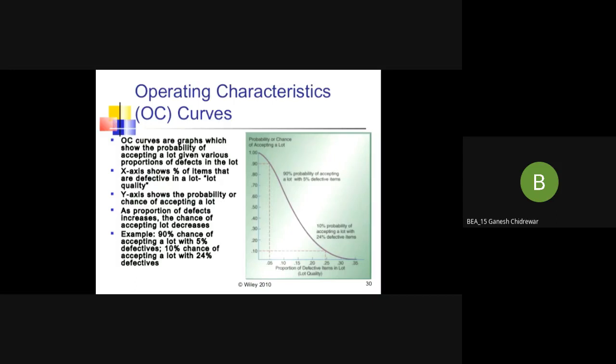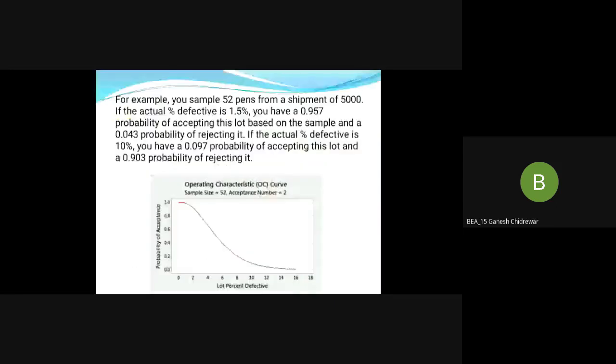According to the continuous process, we have to take samples from different lots, and from those we have to decide which lot is suitable and acceptable, by considering the producer and consumer risk. We will discuss what producer risk and consumer risk are in the next slide. So this is the basics of the operating curve, or OC curve.